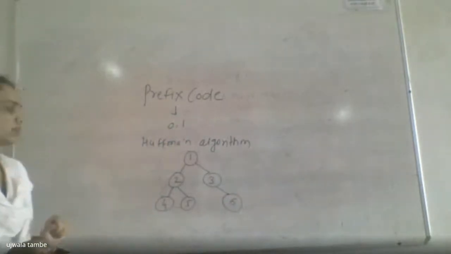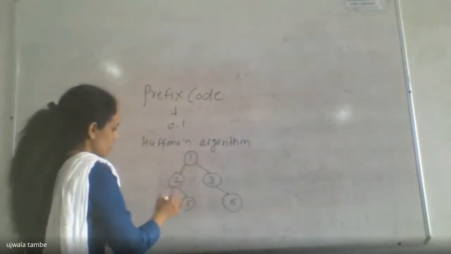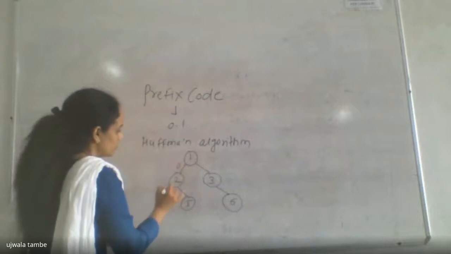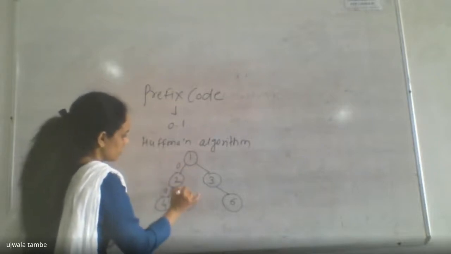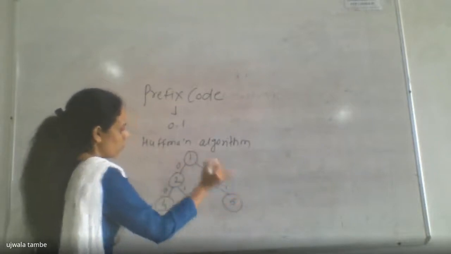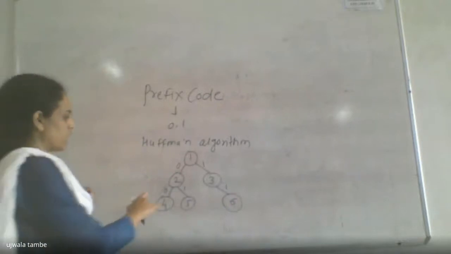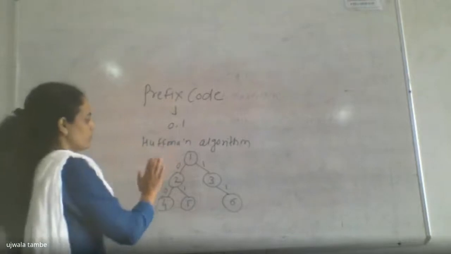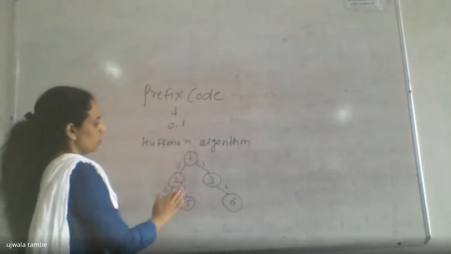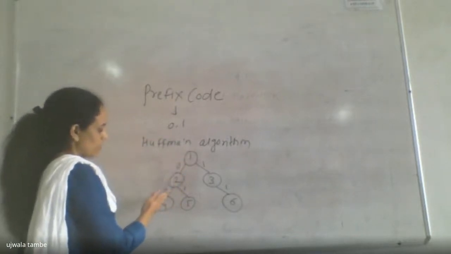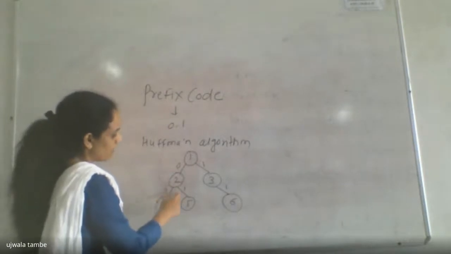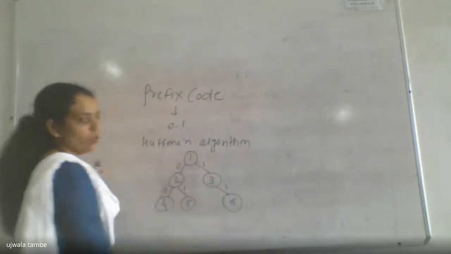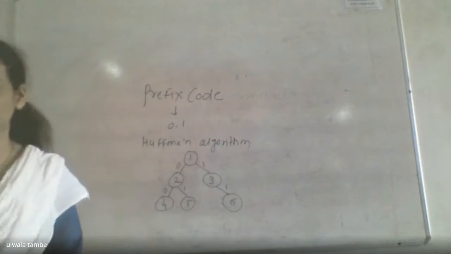Then the left branches are represented by value 0 and right branches are represented by value 1. So in this way we can generate the prefix code. So for generating the prefix code, the left branch has value 0 and the right branch has value 1.